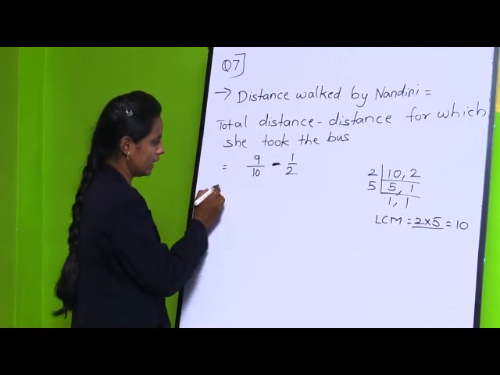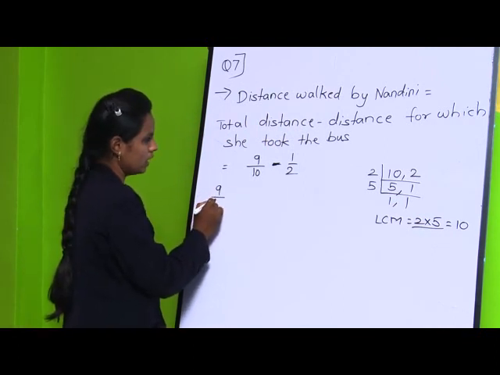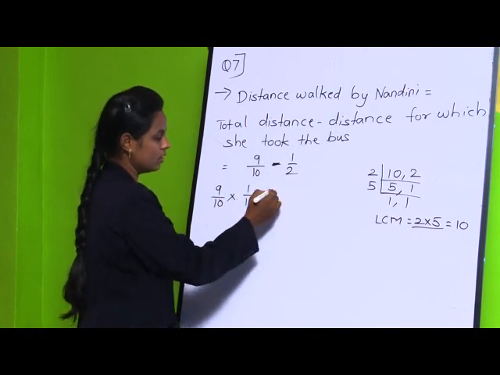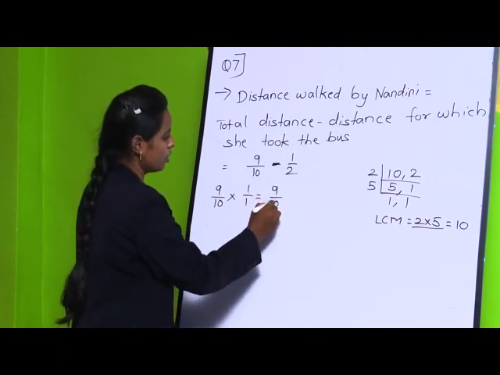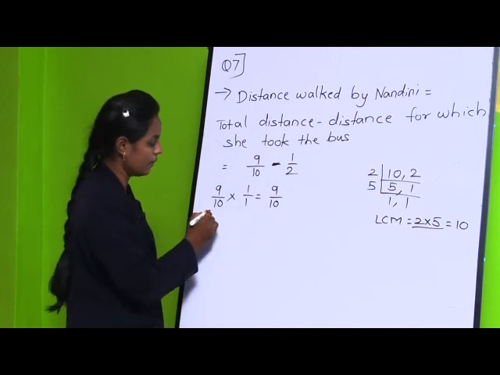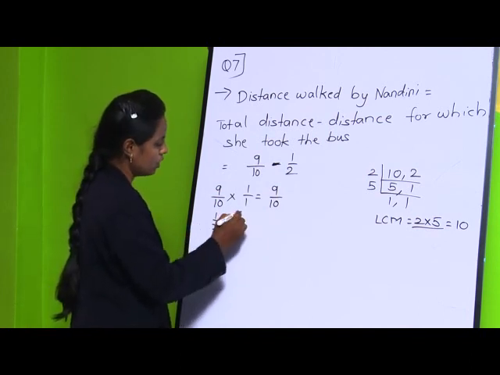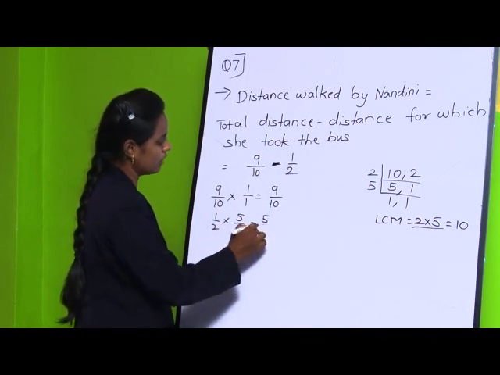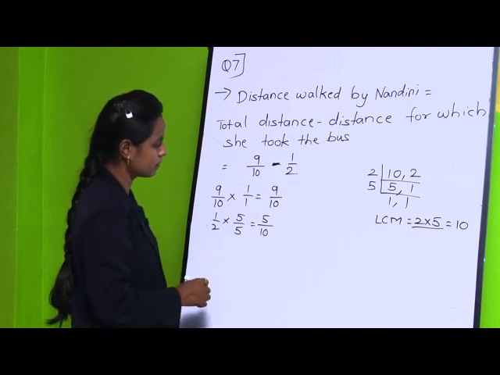So we need to find here 9 upon 10 multiplied by what to get 10. So it is the same because we already have the LCM 10 here. So 1 by 2 we will multiply by 5. 1 5s are 5 and 2 5s are 10. Okay.